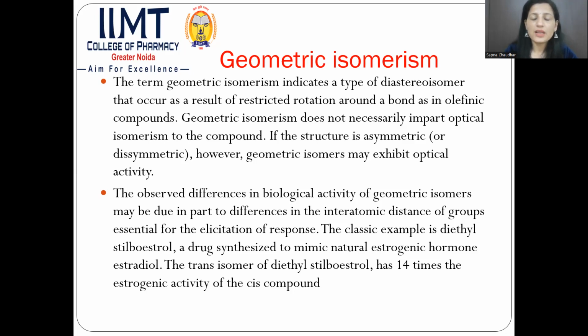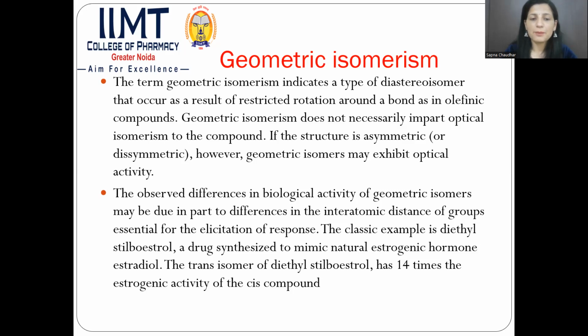However, the geometrical isomers may exhibit optical activity, that is, they have the capability to rotate plane polarized light. The observed difference in biological activity of geometrical isomers may be due in part to differences in interatomic distance of groups essential for elicitation of the response.